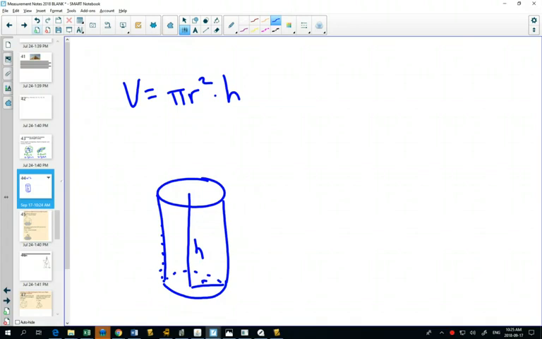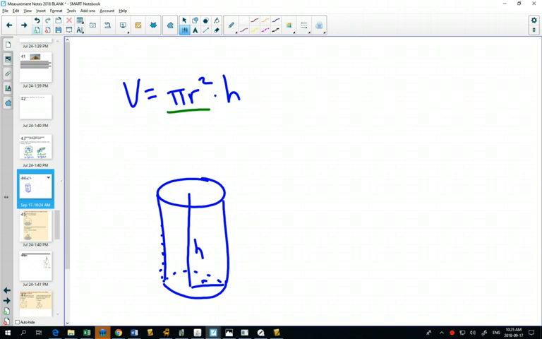It would represent that the whole thing is filled with paper, and what I've actually done is taken all of my circles, which is my bottom, and multiplied it by the height, and that will become the volume. So I find that that helps me remember this formula.